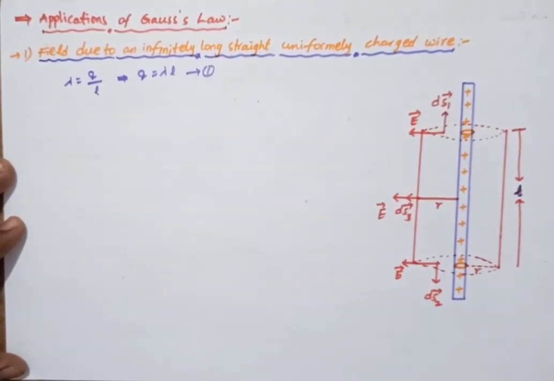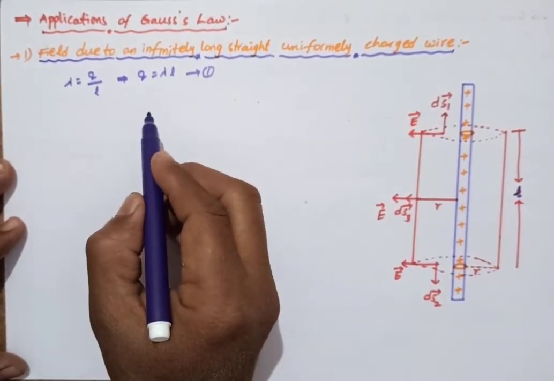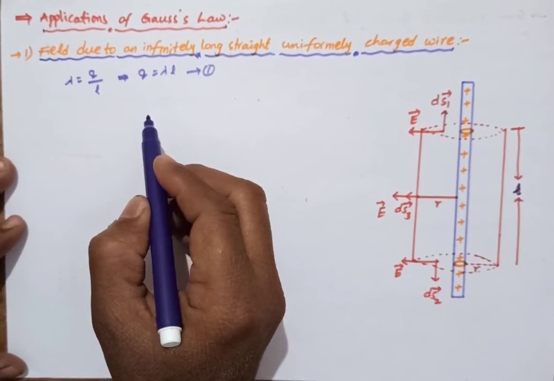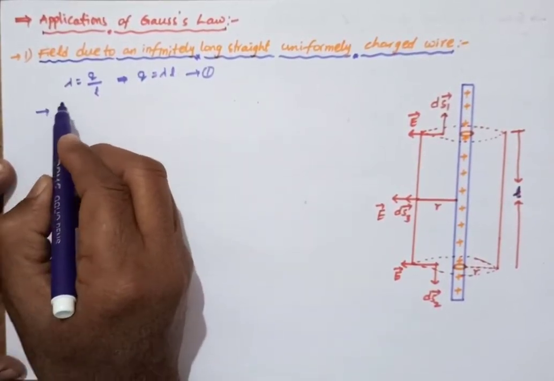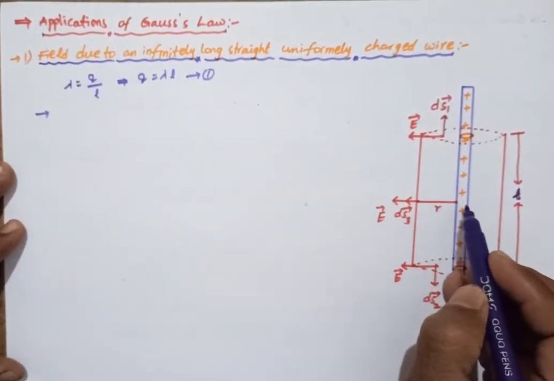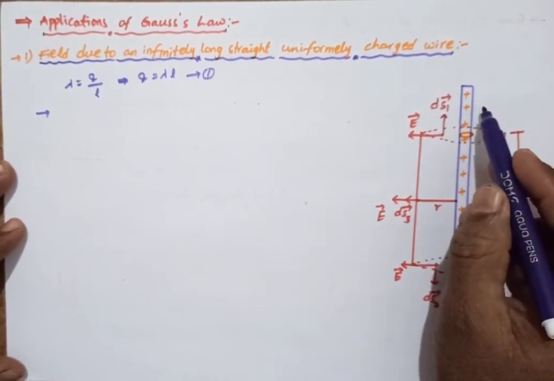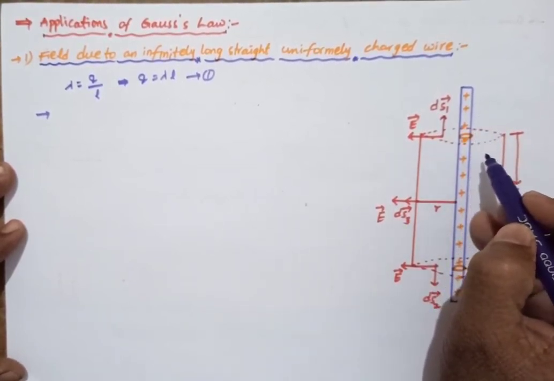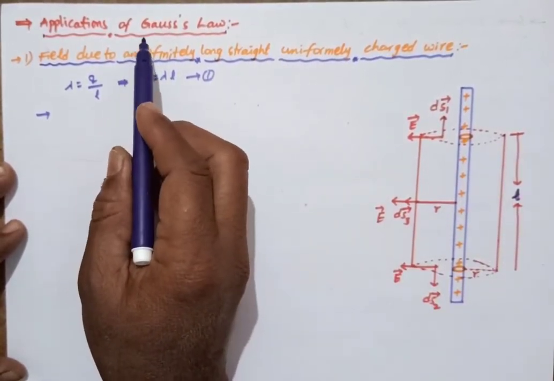Now, to find the electric field of the long straight infinitely charged wire, we can apply the Gauss law.